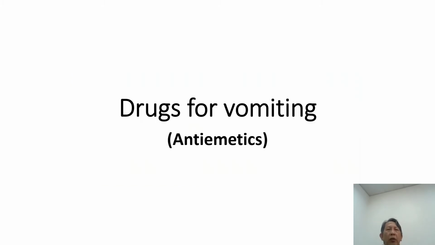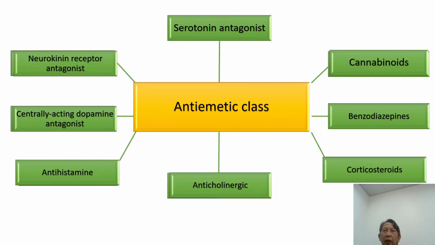Now we go on to drugs for vomiting. We can classify antiemetic drugs into 8 groups: serotonin antagonists, neurokinin receptor antagonists, centrally acting dopamine antagonists, antihistamines, anticholinergics, corticosteroids, benzodiazepines, and cannabinoids.